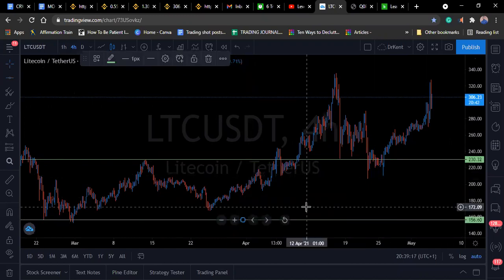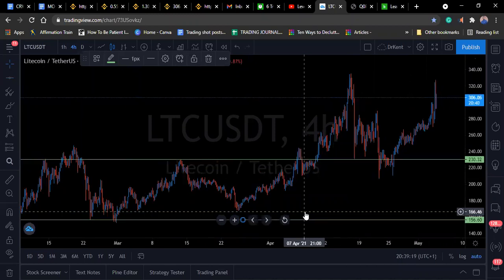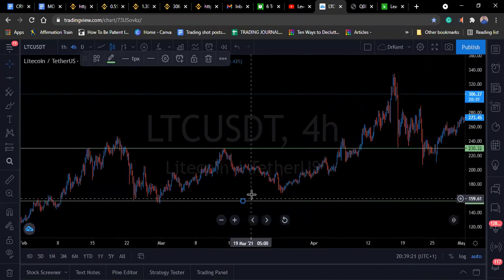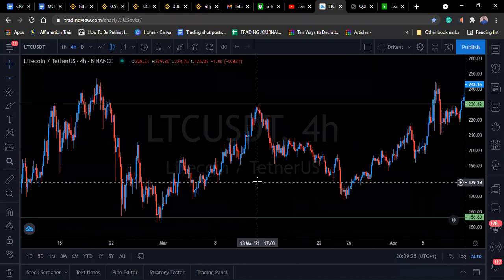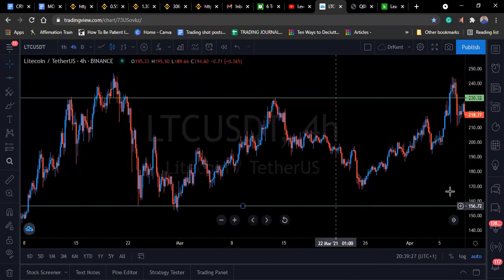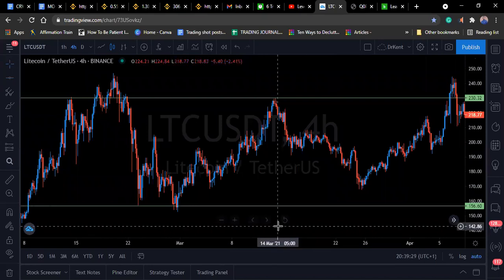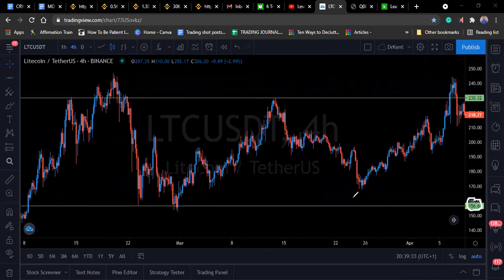Then these two lines I've drawn tell us something about price history. This line is at 156. It tells me that at this level, price was dropping, but when it got to this level, it stopped going down, reversed and started going up.